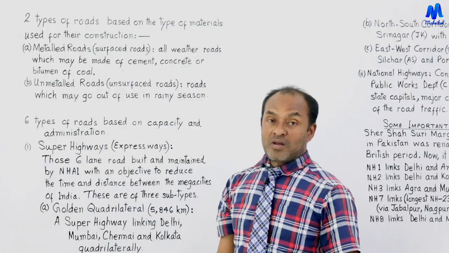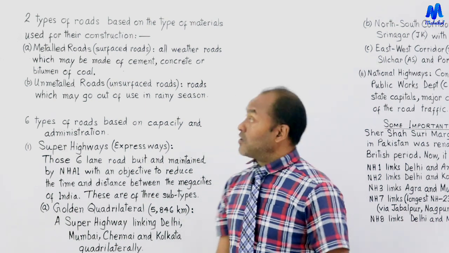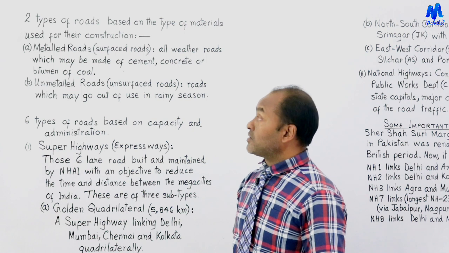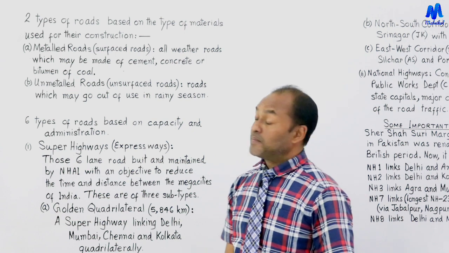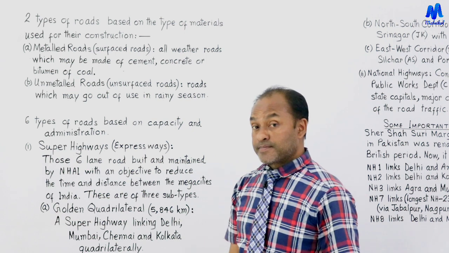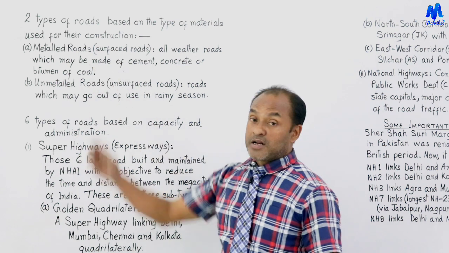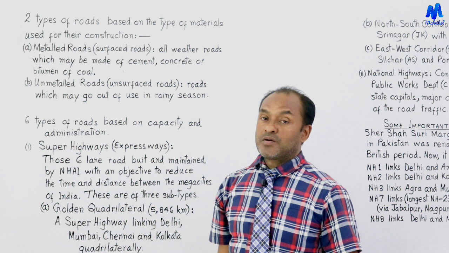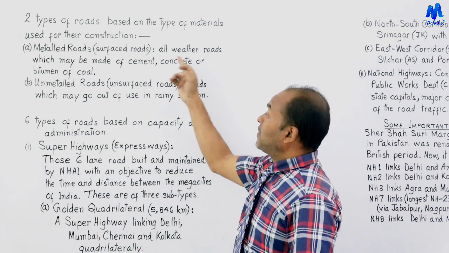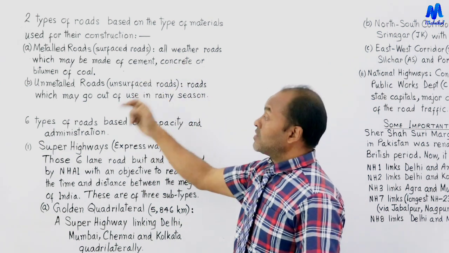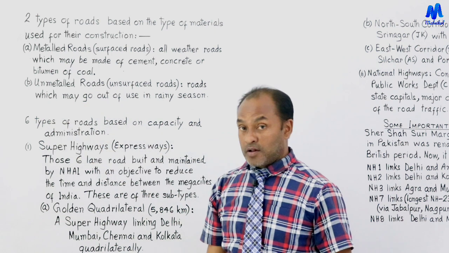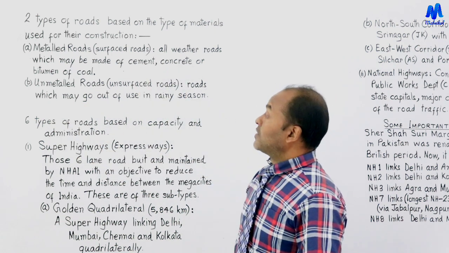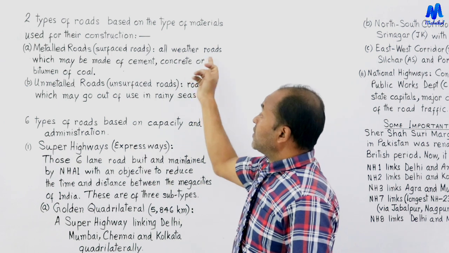Yes, that's it. So there are two types of roads based on the type of materials used for the construction. Okay, let's have a check. The first one is metalled roads, meaning surfaced roads. Roads which are made of concrete, cement, or bitumen of coal. Okay, and these roads can be of all weather type.